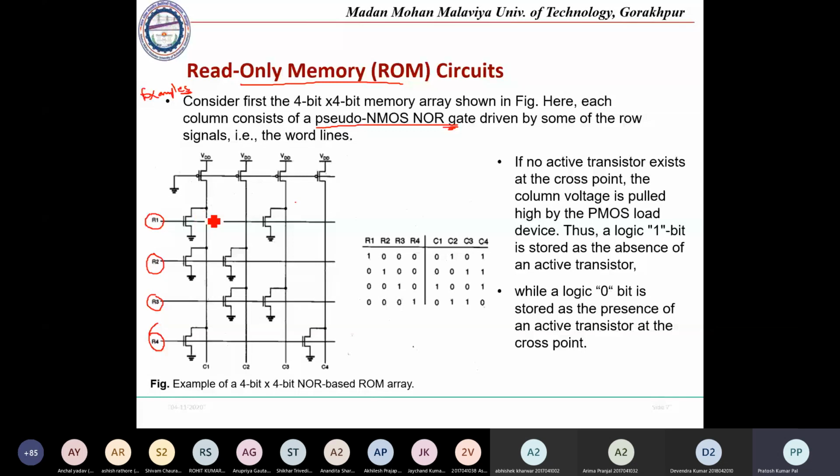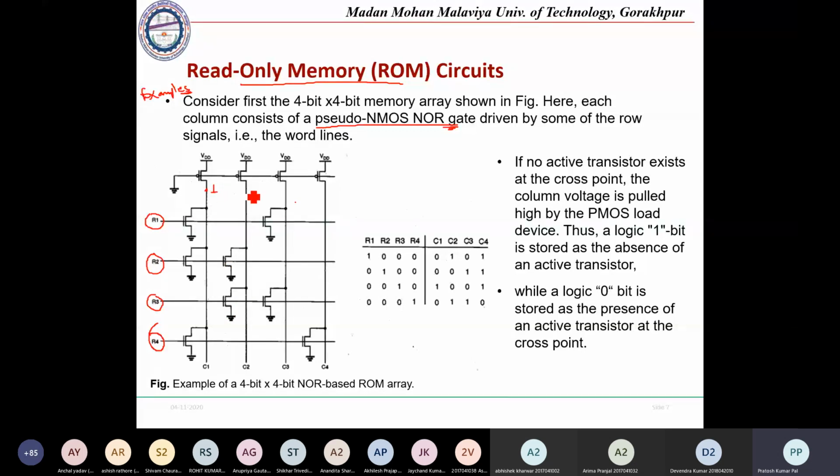Suppose R1 is on, that is R1 is 1, and all others are 0. If it is 0, that means these transistors are off. If they are off, whatever data is there, because it is always 1, this point is always 1.